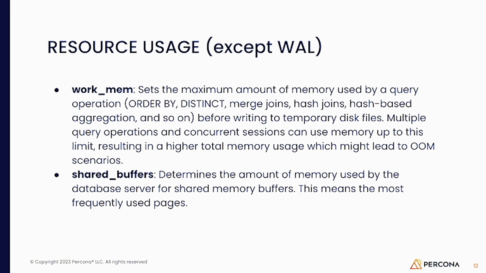You typically don't want this to be large, because this will go against all the connections. So with links to what we were seeing before, if you have a high max_connections and a high work_mem, the worst case scenario can be that if all connections try to use the most work_mem they can, you could get into an OOM kind of situation when you deplete the server of memory, right?